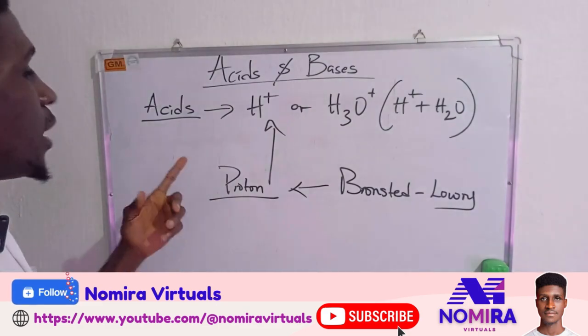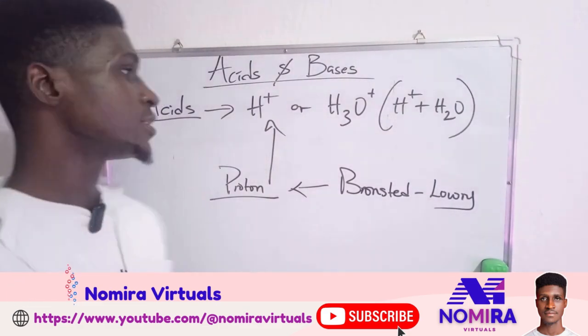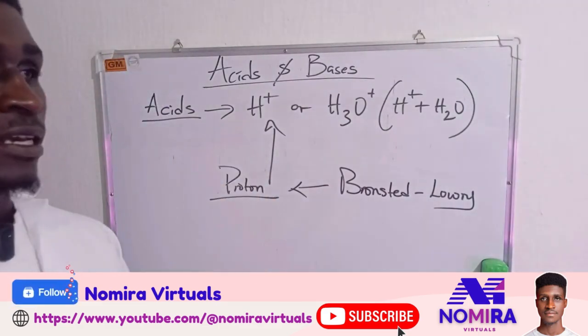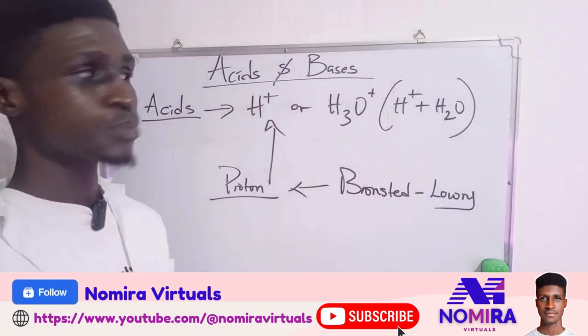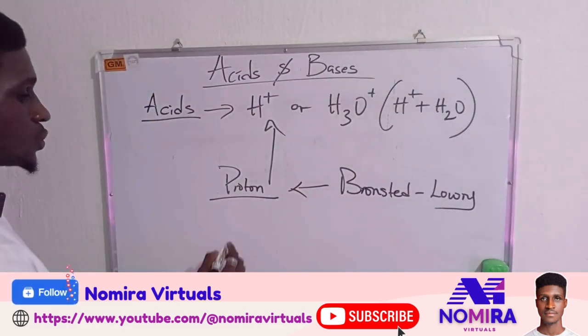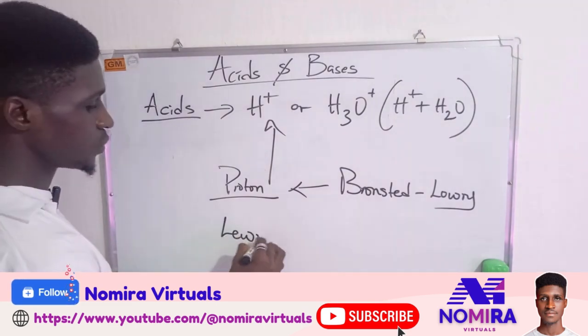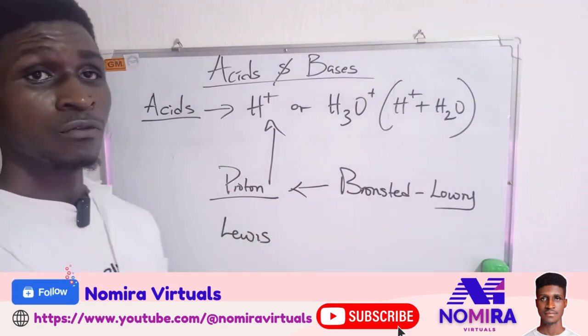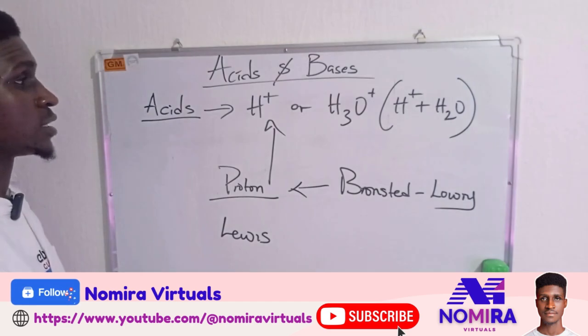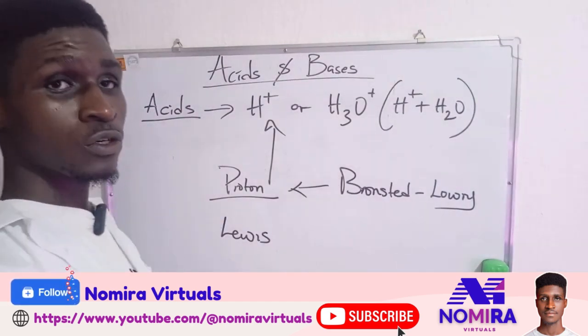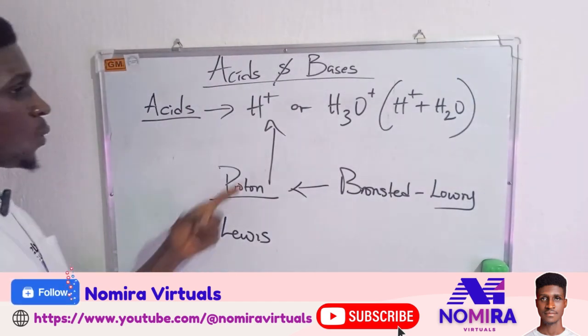All right, now another person defined acid as electron pair acceptors, and this is according to Lewis. Lewis' definition is still valid today because we know that acids are what? Electron pair acceptors.